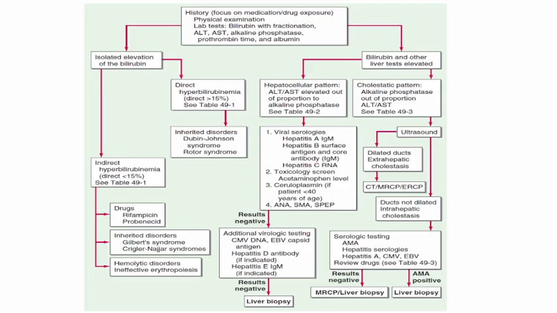Okay, this is the flowchart or the algorithm that I have copied from Harrison's Principles of Internal Medicine textbook. We have to go through this algorithm in order to reach the cause, or to diagnose the patient with the minimum number of investigations.